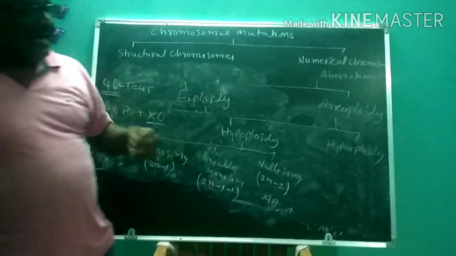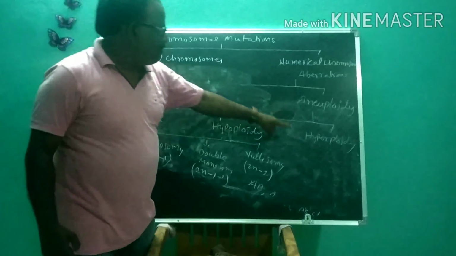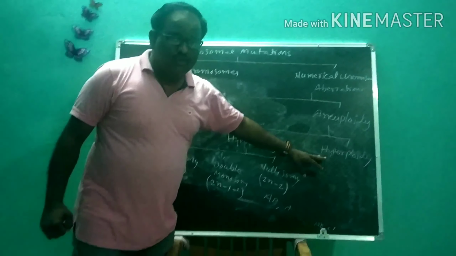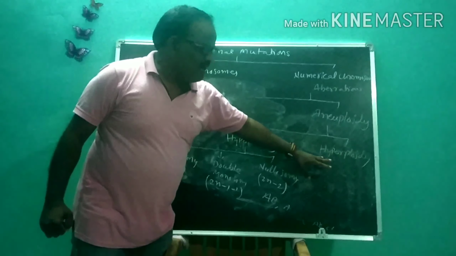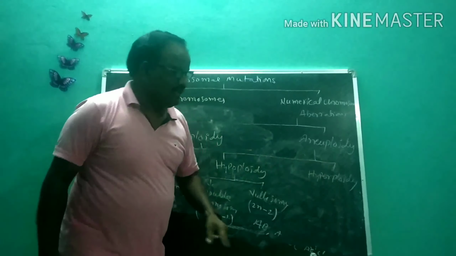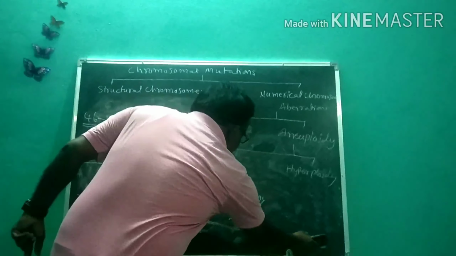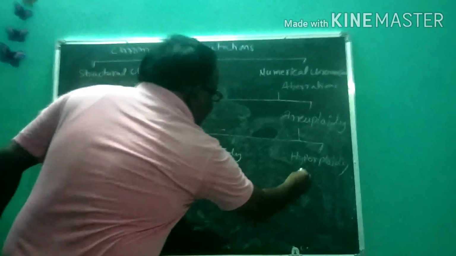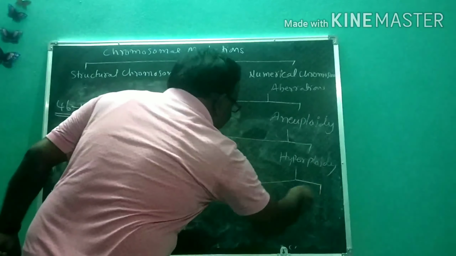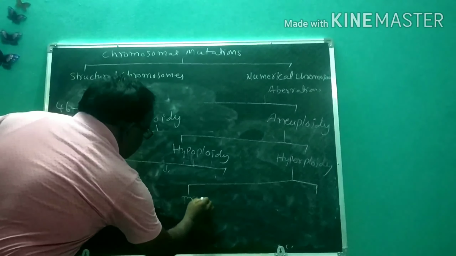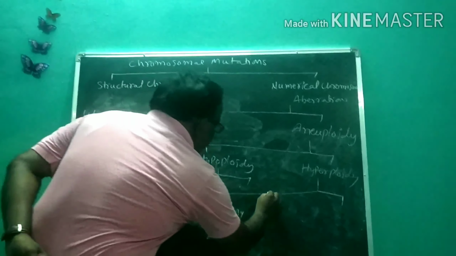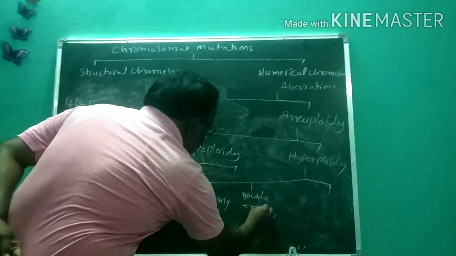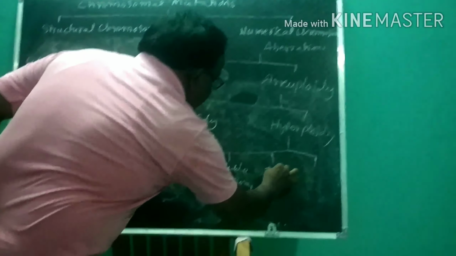Next, hyperploidy. Hypo means decrease, hyper means increase. Hyperploidy means aneuploidy due to increase of one or more chromosomes. So hyperploidy also has 2 or 3 types. I will explain. First, trisomy, double trisomy, tetrasomy.